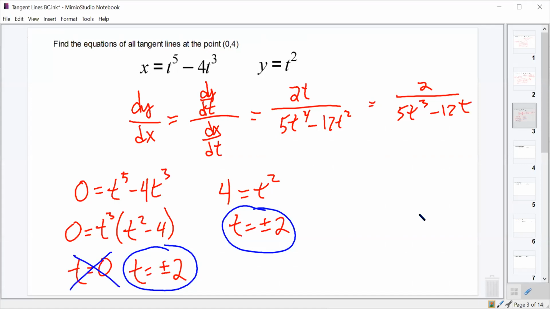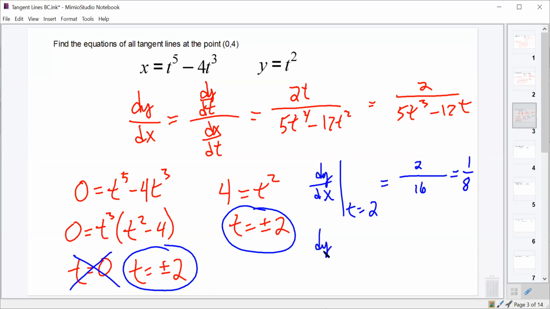Okay. So now we want to know, what does dy/dx equal when t is equal to 2? Should be 2 over, what does that come out to be? Let's see, 2 cubed is 8 times 5 is 40 minus 24 is 16. So 1/8.